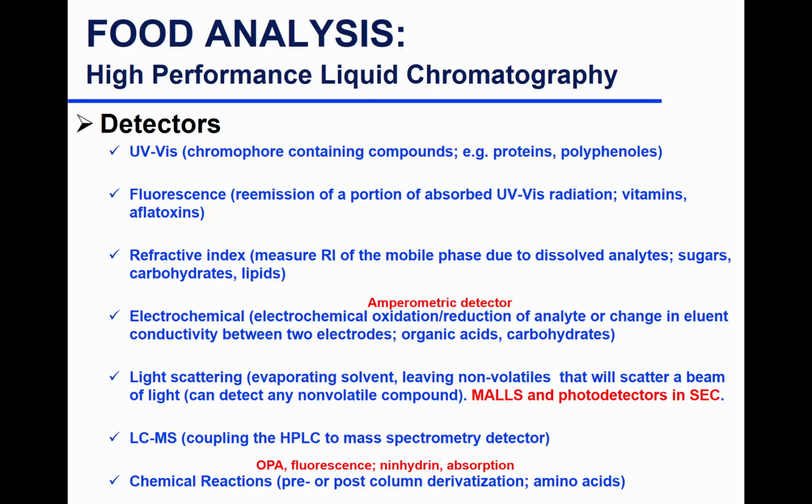But there is one caveat with the refractive index: you cannot use gradient elution. Why is that? Because you only have one reference cell, and we can't change the concentration, otherwise we change the reference. Yes, it's changing the reference, exactly. So the instrument is set up so that you only have one reference cell, which is the mobile phase at a particular concentration.